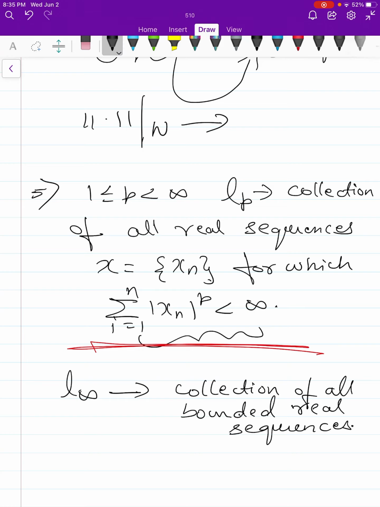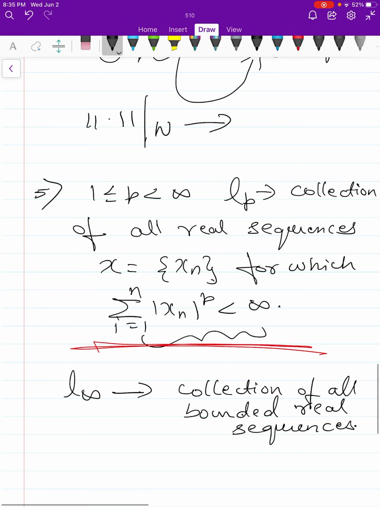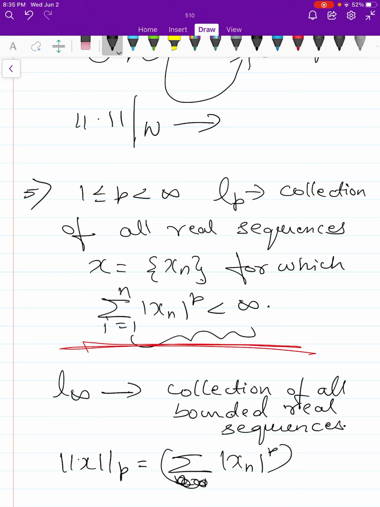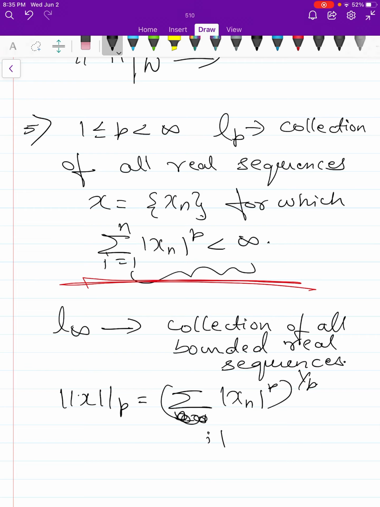Next, moreover, the expression norm xp is, as defined earlier, the summation of all the terms xn to the power of p, whole to the power of 1 over p, where p takes values from 1 up to infinity.